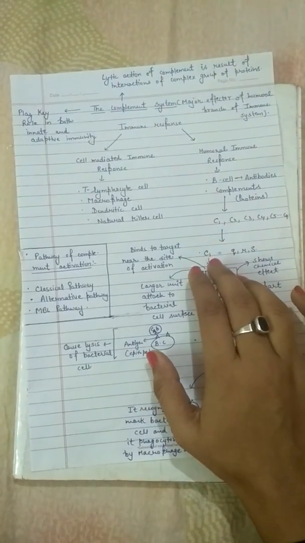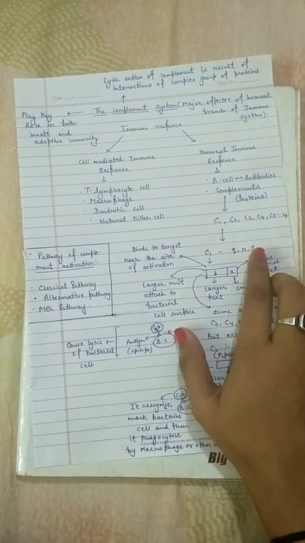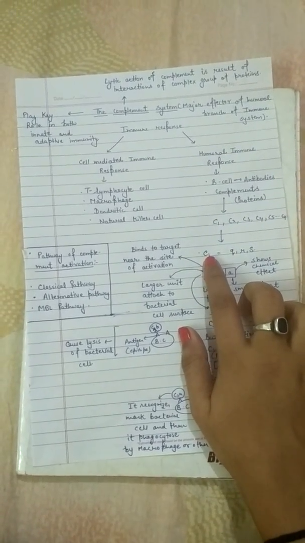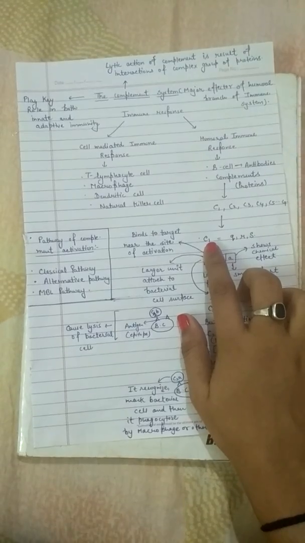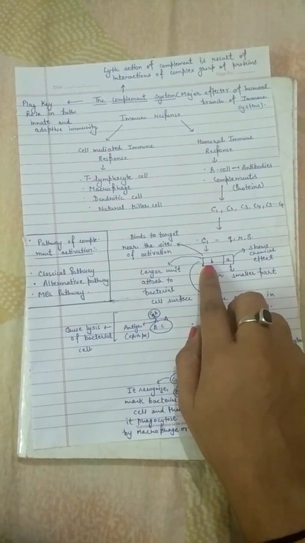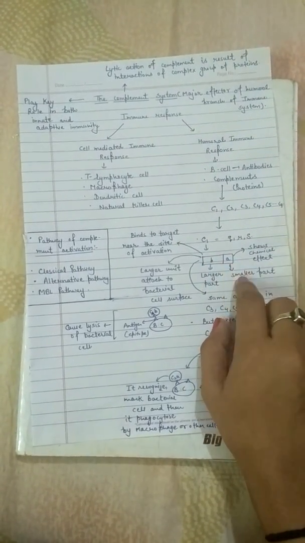These are further divided into subunits, like C1 is divided into Q, R and S, 3 subunits. As I said before, these are polypeptides, and when they divide into their peptide fragments, one fragment is larger and the other is smaller.